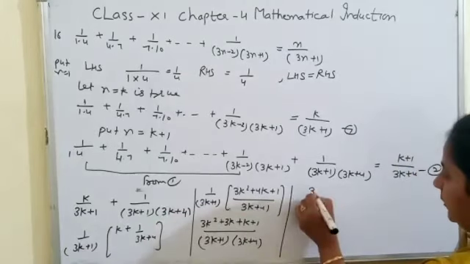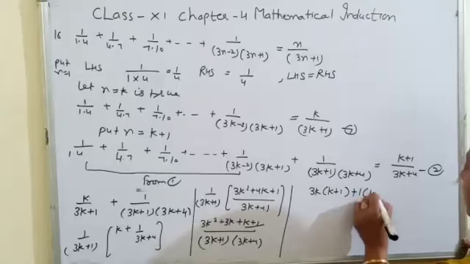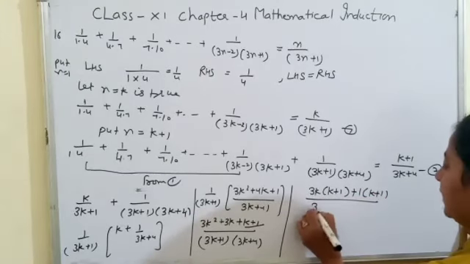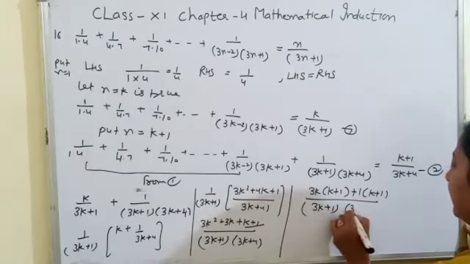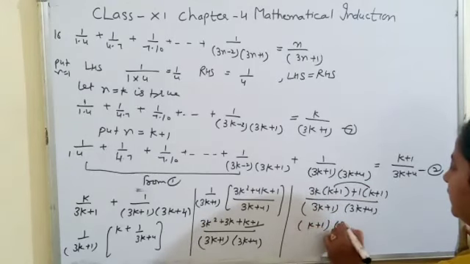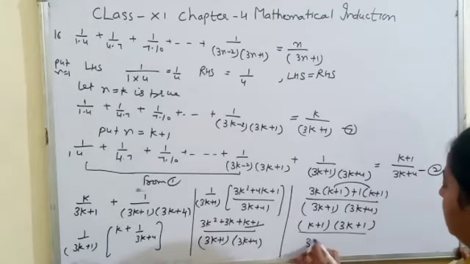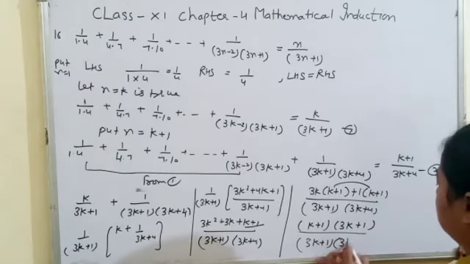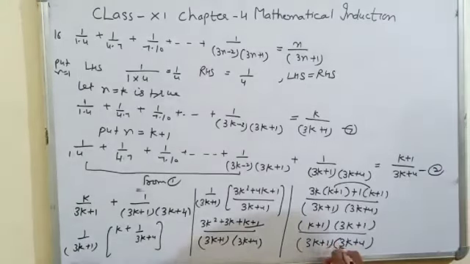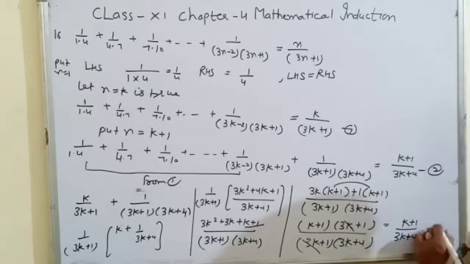Now take 3k common, what is left is k plus 1, and from the last two terms 1 is common, k plus 1. Carry the same denominator. Take (k plus 1) common, so what is left is 3k plus 1 upon (3k plus 1)(3k plus 4). So 3k plus 1 is cancelled, and what is left is (k plus 1) upon (3k plus 4), which is equal to the right hand side of equation 2.